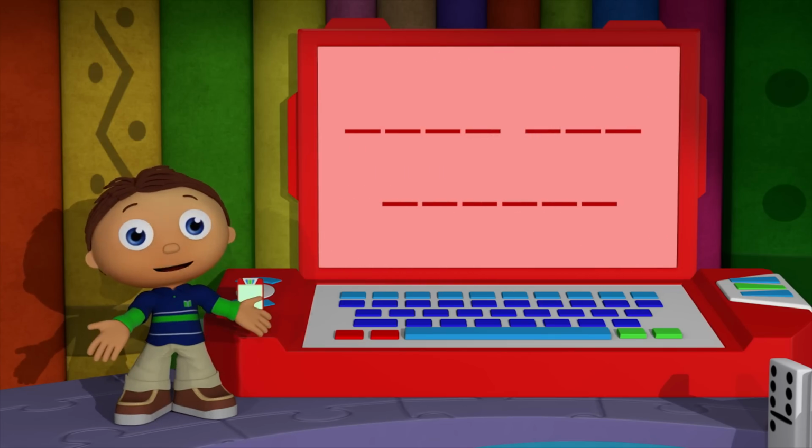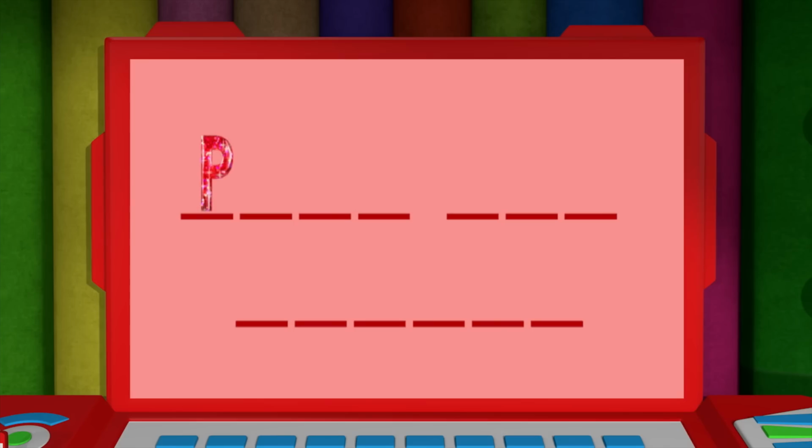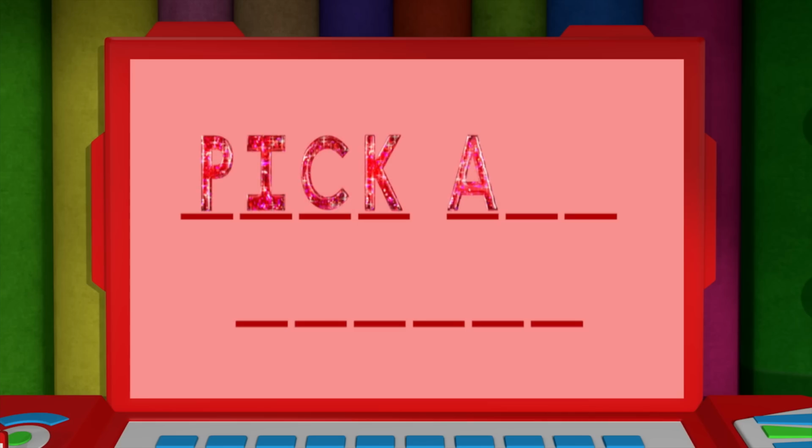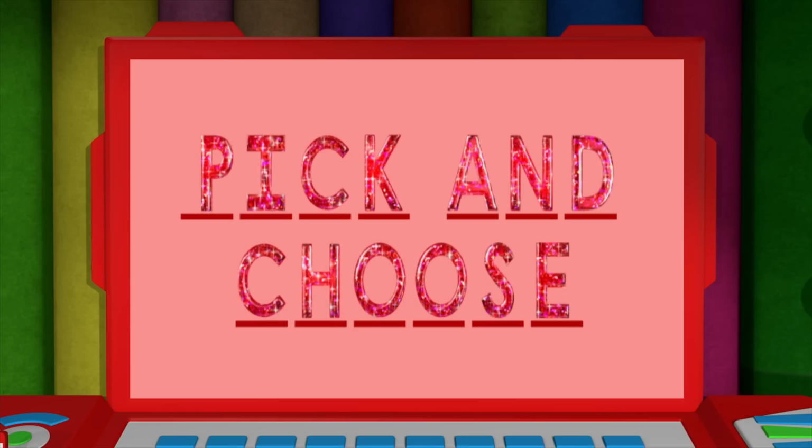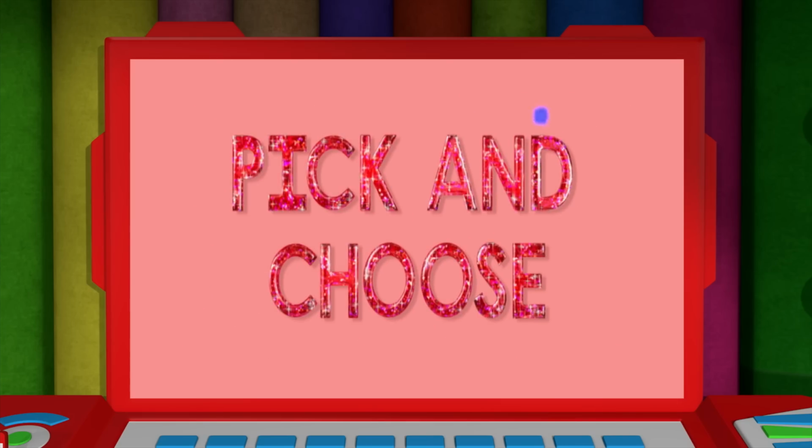Read the letters with me. P, I, C, K, space, A, N, D, C, H, O, O, S, E. Pick and choose. The super story answer is pick and choose.